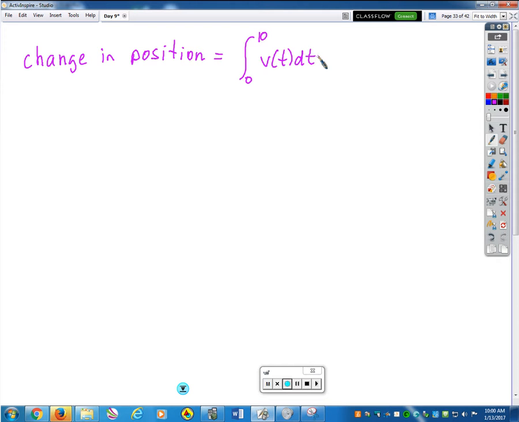Now watch me do the steps again. That means if I go 1, 2, 3 steps to the right and then 1 step to the left, the integral is counting some distance as positive and some distance as negative, so it can come up with a change in position of 2.